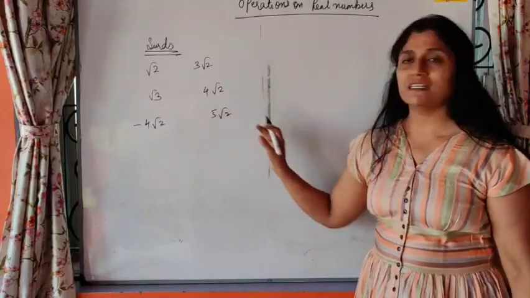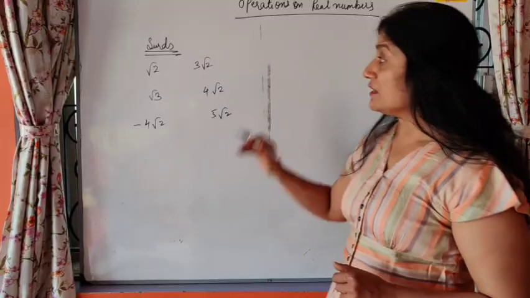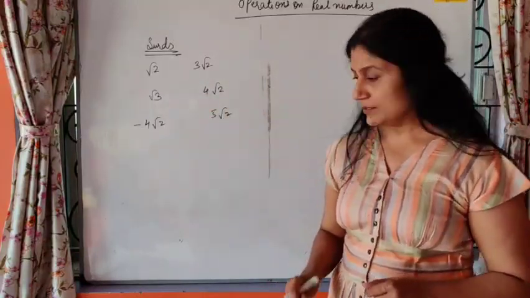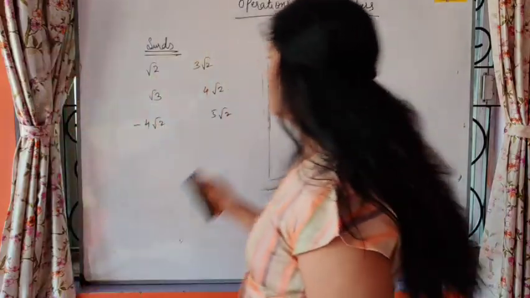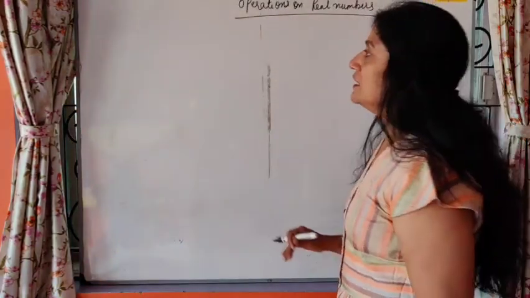See, when like surds are there, you can add or subtract them. Okay? But when unlike surds are there, you cannot add or subtract. But multiplication and division is possible for all the surds. Now I'll be explaining how to operate.